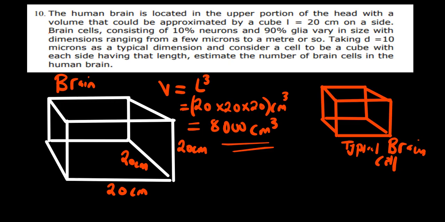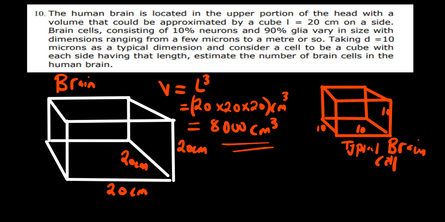What are the units? They're saying D to be 10 microns as a typical dimension to consider. So they've given us D to represent 10 microns. This side will be 10, this will be 10, and the height will also be 10.